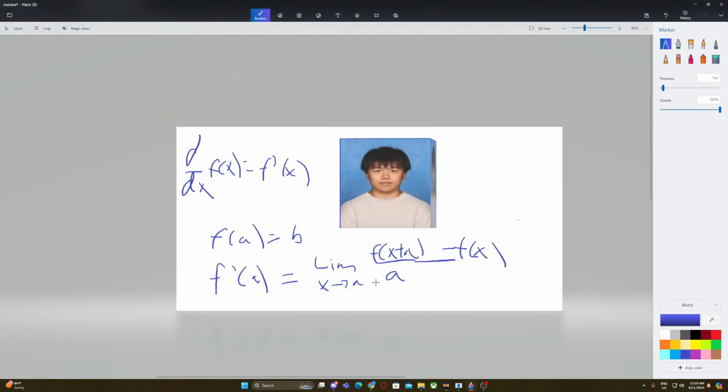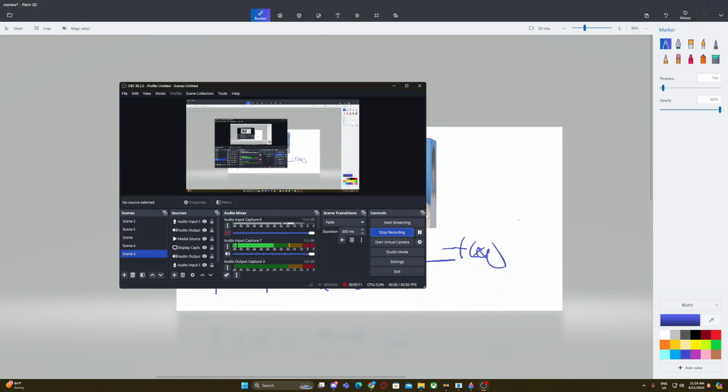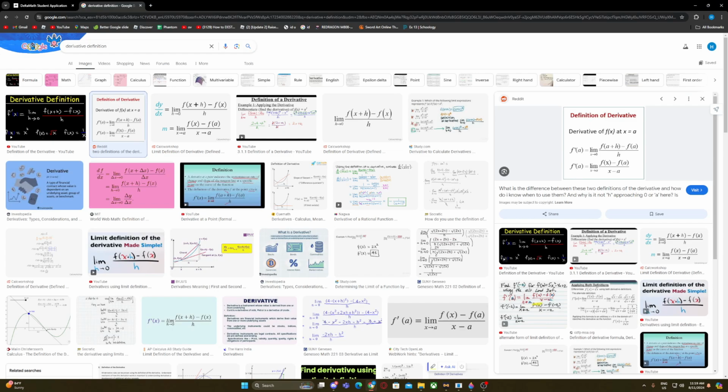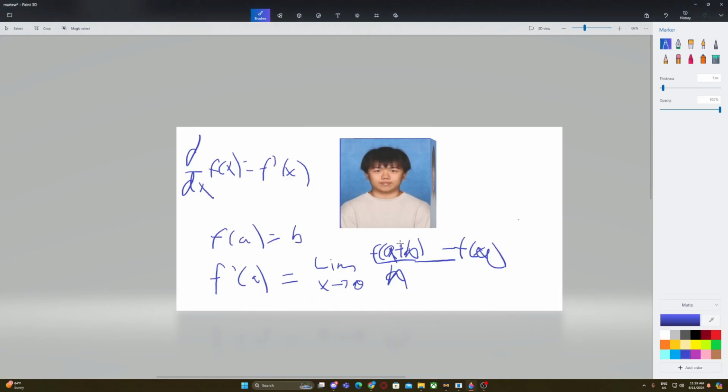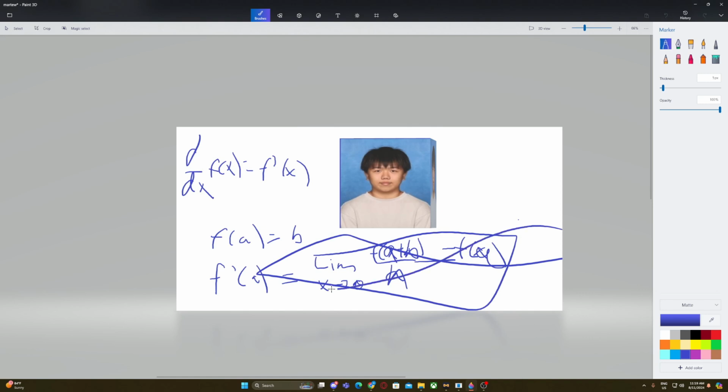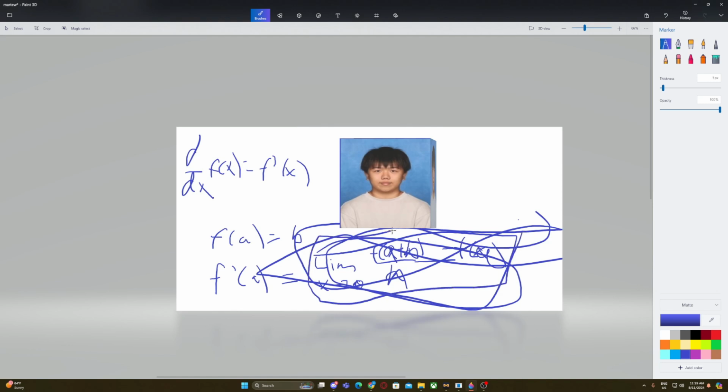Yo, my bad, it was h approaching 0. What this means is it's giving you the tangent line at a certain point in the graph.